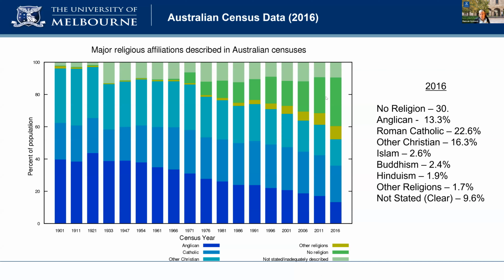If we look at this green bar here, back in 1954, there was barely anyone prepared to claim that they had no religion. And in 2016 a large proportion, in fact 30%, believe that they don't have a religion. So I would suggest that there's a correlation between the increase in the number of people without a religion and the number of people who now believe in Darwinian evolution, that is evolution via natural selection.